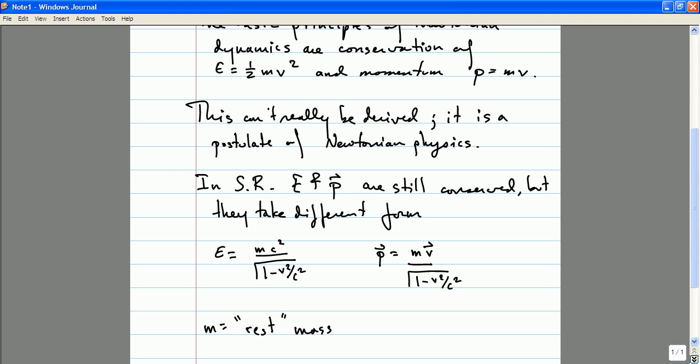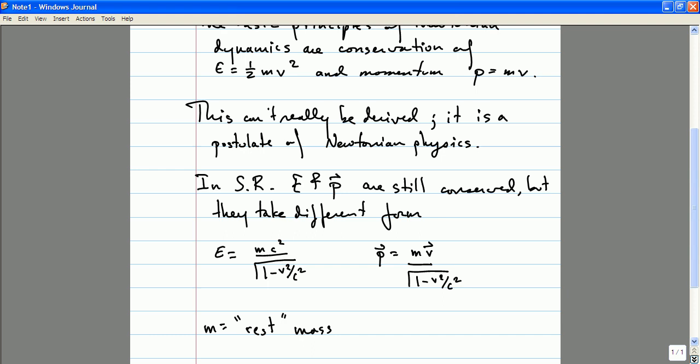Previously, this factor gamma, 1 over the square root of 1 minus v squared over c squared, arose when we were studying the differences between quantities as measured in frames which were moving with some relative velocity v. Here, v is referring to the velocity of some object, of some particle. And E and P refer to the energy and momentum of that particle as measured in some frame, namely the frame where it's moving with the velocity v.